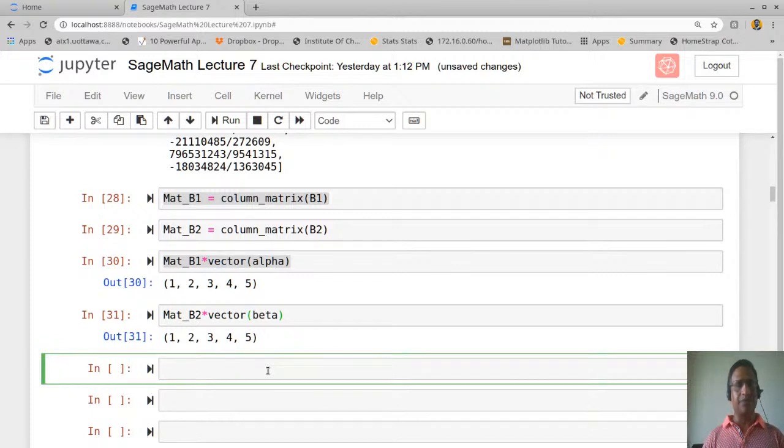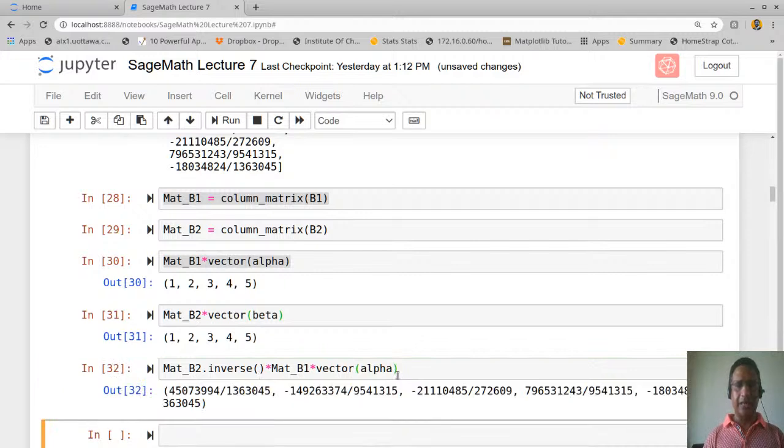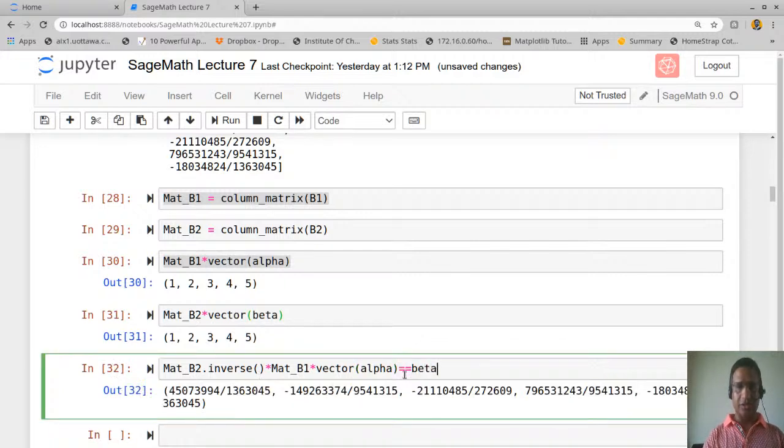Beta is going to be mat b2 inverse times mat b1 times vector alpha. So let us check whether this is equal to beta.